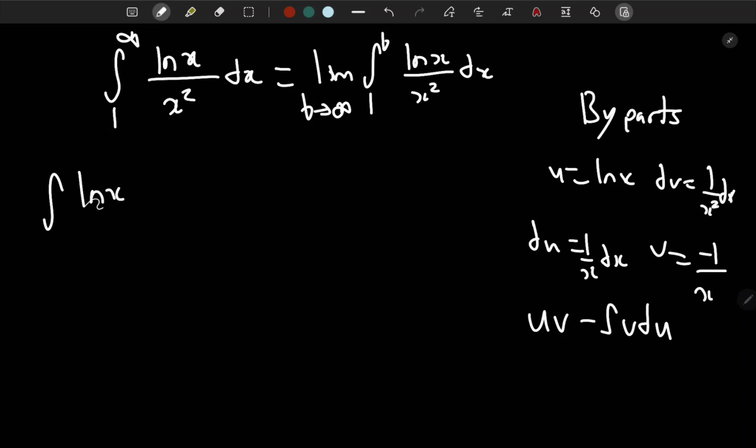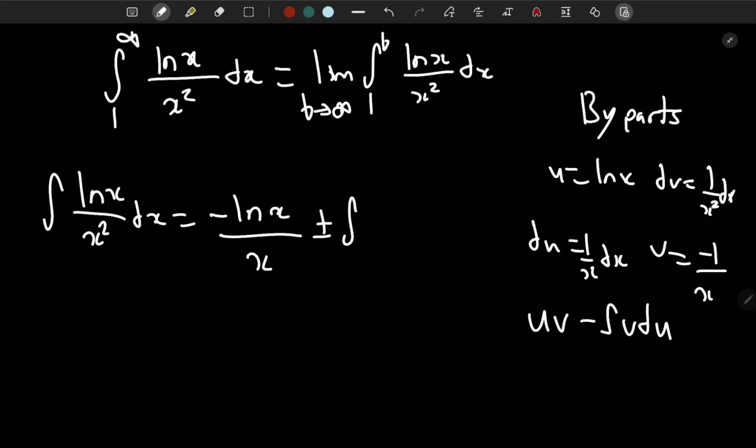So ln x over x squared dx is equal to uv, so it's going to be minus ln x over x, plus the integration of, or u minus minus is plus here, the integration of v, which is minus 1 over x, but I took the minus out, that's why it became plus, since we have a minus in the formula also.